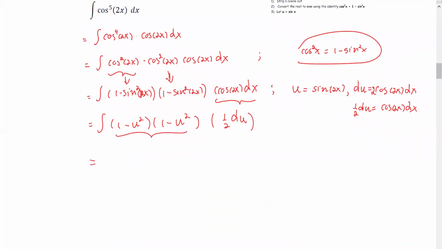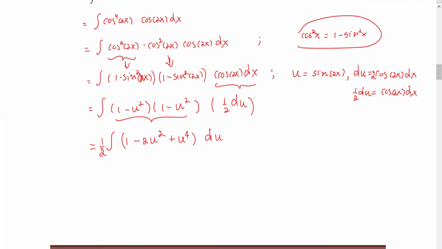The product of 1 minus u squared and 1 minus u squared gives us 1 minus 2u squared plus u to the 4th. With the 1/2, we take it as a coefficient out front, with respect to u. And then we find the antiderivative with respect to u.